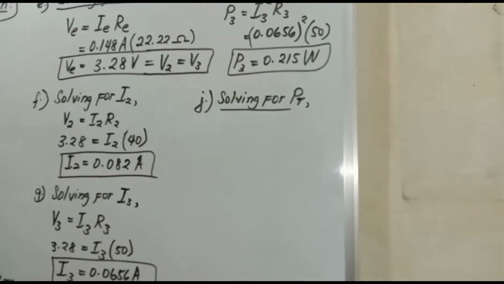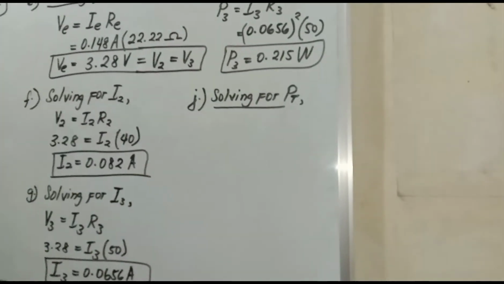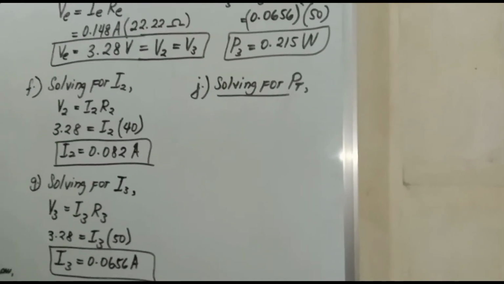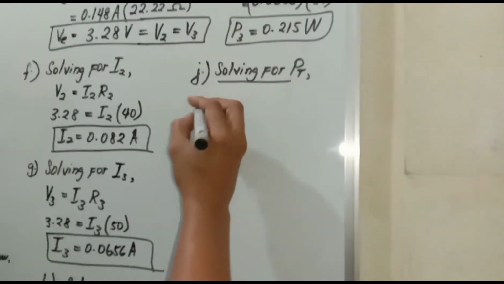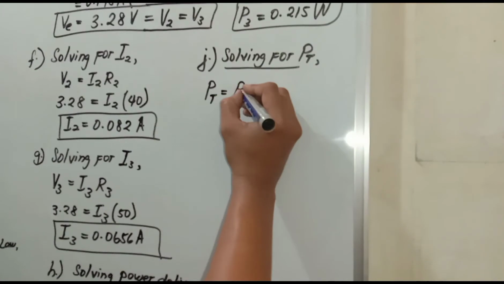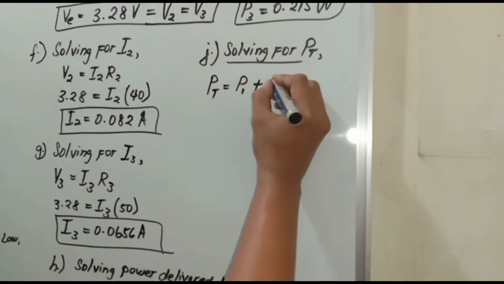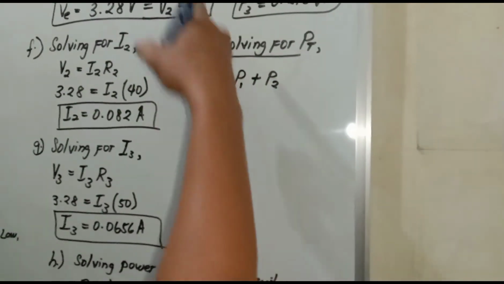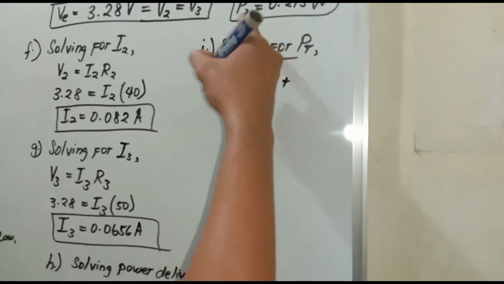PT, guys, is the total power dissipated for three resistors, R1, R2, and R3. So total power is equal to P1 plus P2 plus P3.